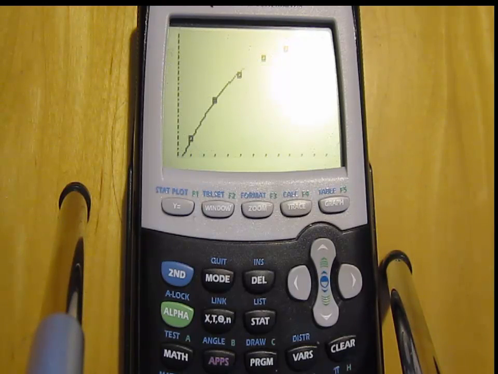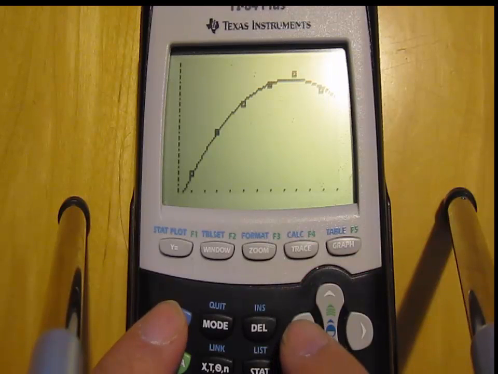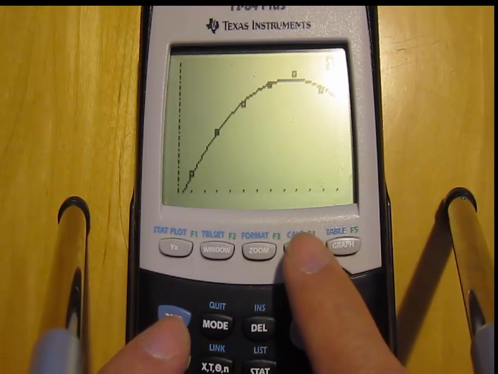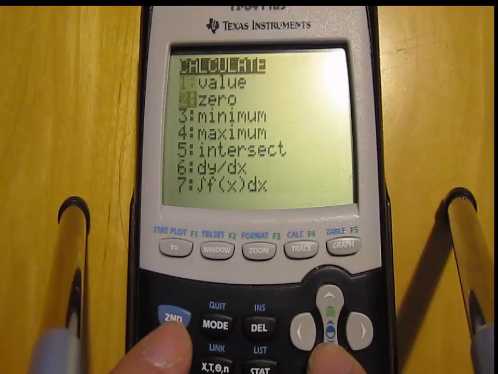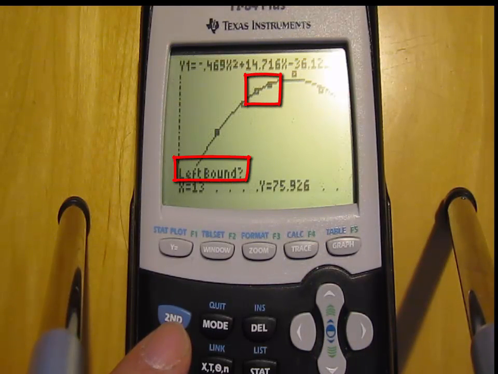Now you got a curve. Once you have the graph, you can hit second, cal, and use the maximum features to find the maximum points.